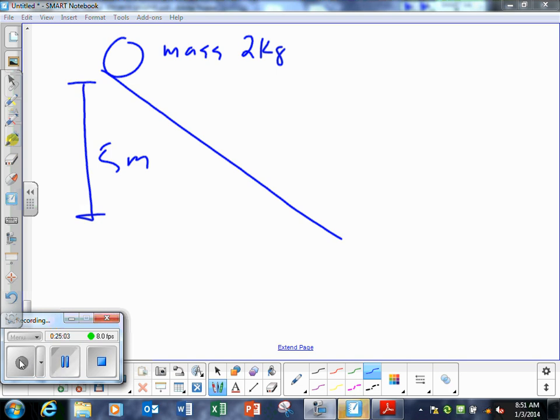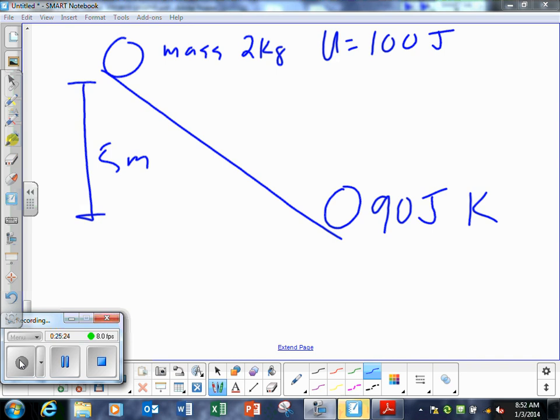And let's say that down here I end up with 90 joules of kinetic energy. Okay, does that add up? It doesn't add up, right? Because if you go mgh here, this would be a potential up here of 100 joules. You agree? I only have 90 joules down here. Ignoring rotational inertia, what happened?